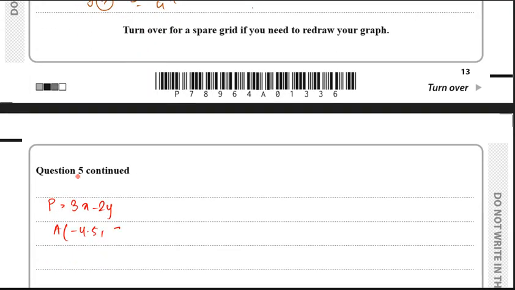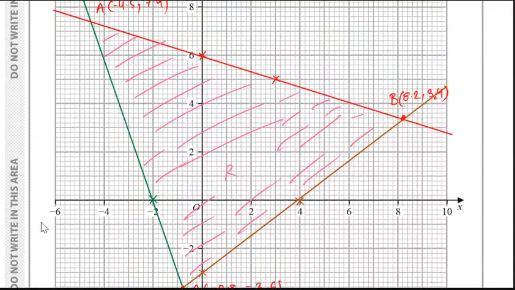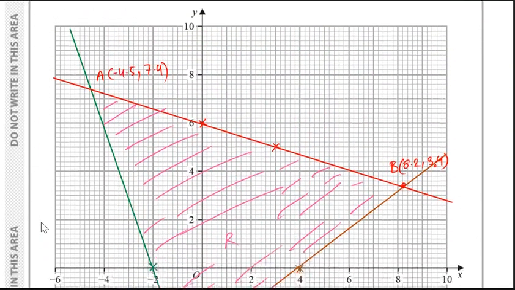If you put this in your calculator, p is equal to 3 multiplied by negative 4.5 minus 2 multiplied by 7.4. This is going to be negative 28.3. And if I use the B coordinate here, B is 8.2 and 3.4.